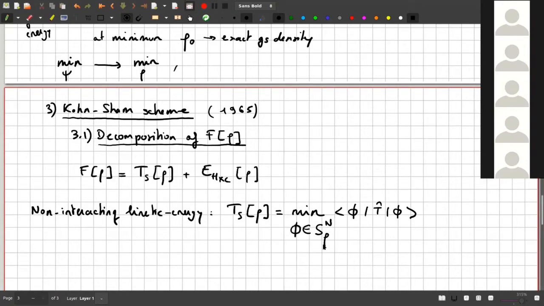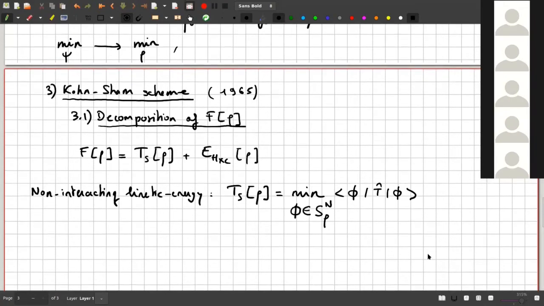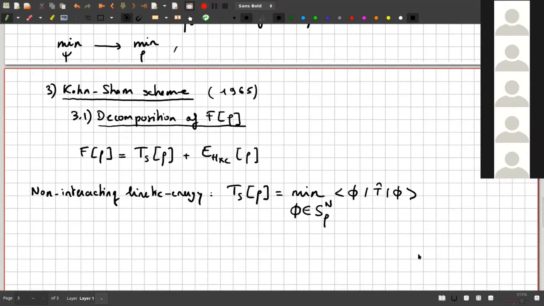Okay. Okay, and at the minimum, when you do this minimization, the minimizing wave function, I will call it phi of rho. It is a functional of rho, the expectation value of T. Okay, and this phi of rho is sometimes called the Kohn-Sham wave function, Kohn-Sham determinant.